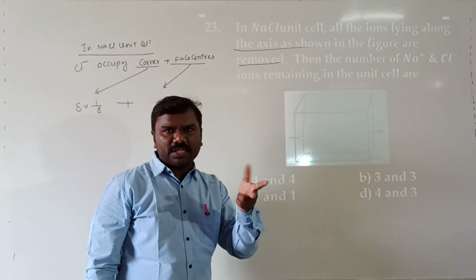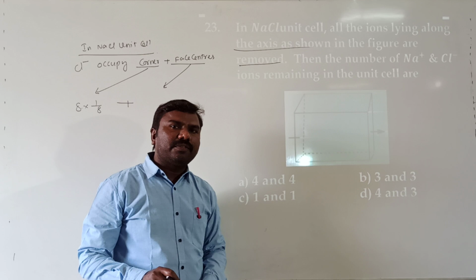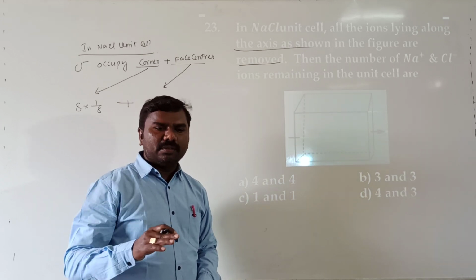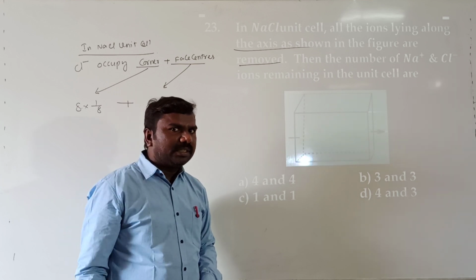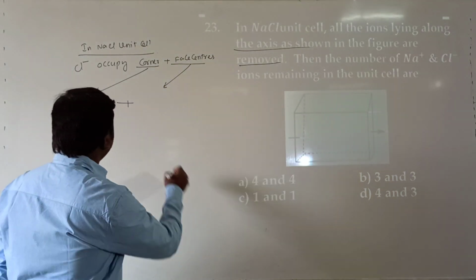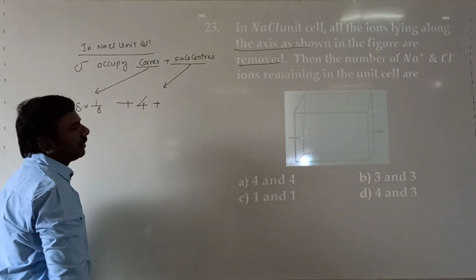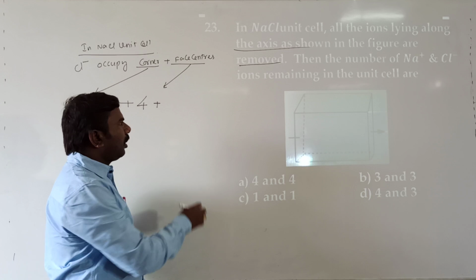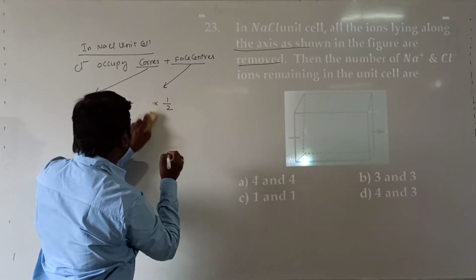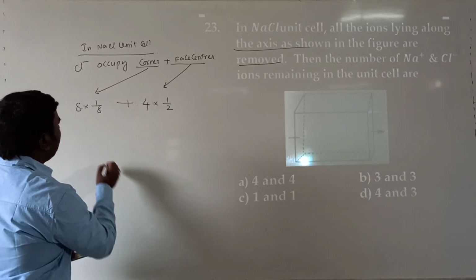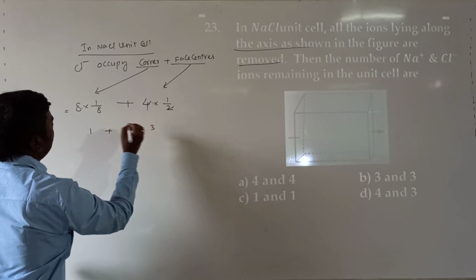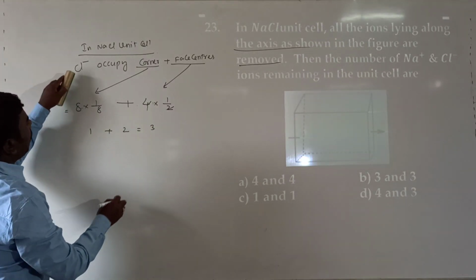Clear? Only 2 face center atoms. Totally 6 face centers: 4 walls, floor plus ceiling. 6 face centers, 2 removed, remaining 4 left, and each face center contribution will be 1 by 2. So 4 times 1 by 2 is 2. Then it is 1 plus 2, totally 3 chloride ions.